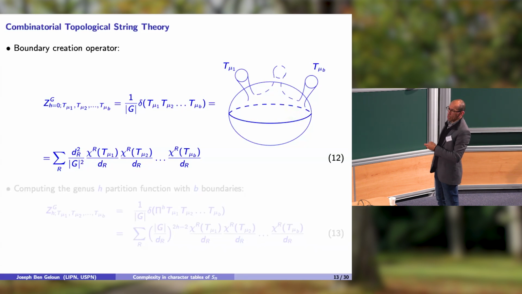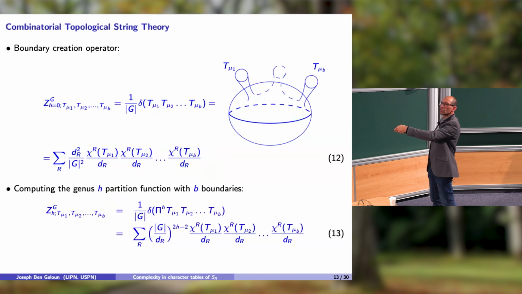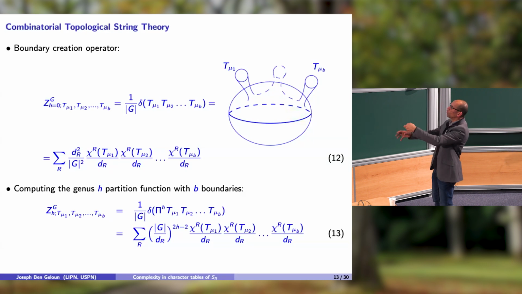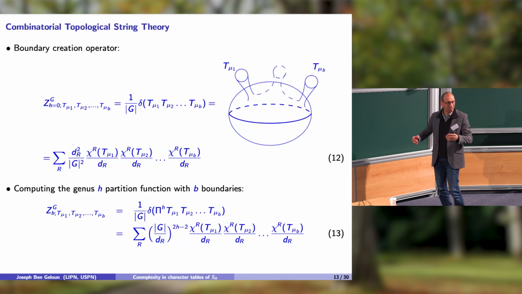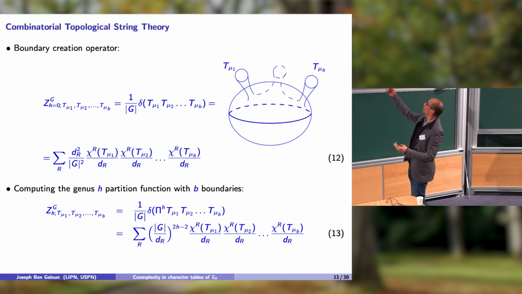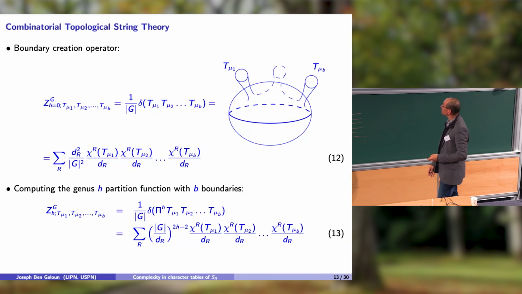If you compute that partition function, you end up with that product of characters. Of course, you can mix both. You sometimes want to have both handles and holes, so you just have to compose these two operators, one T_h and several T mu's. And this is, of course, the partition function of a surface having b holes and h handles.